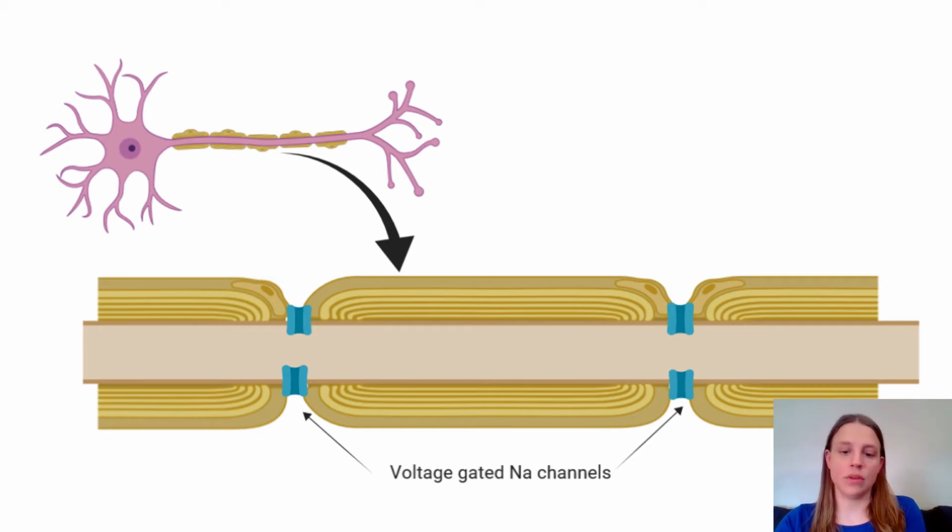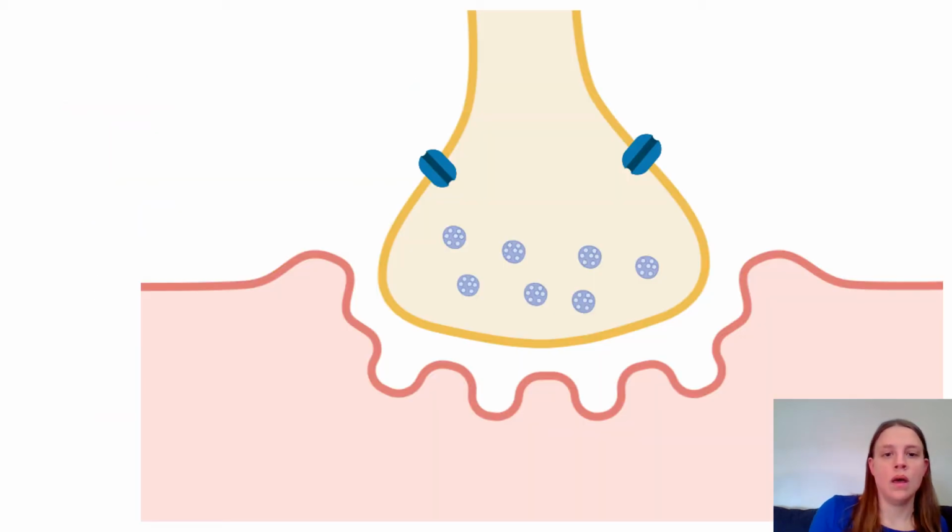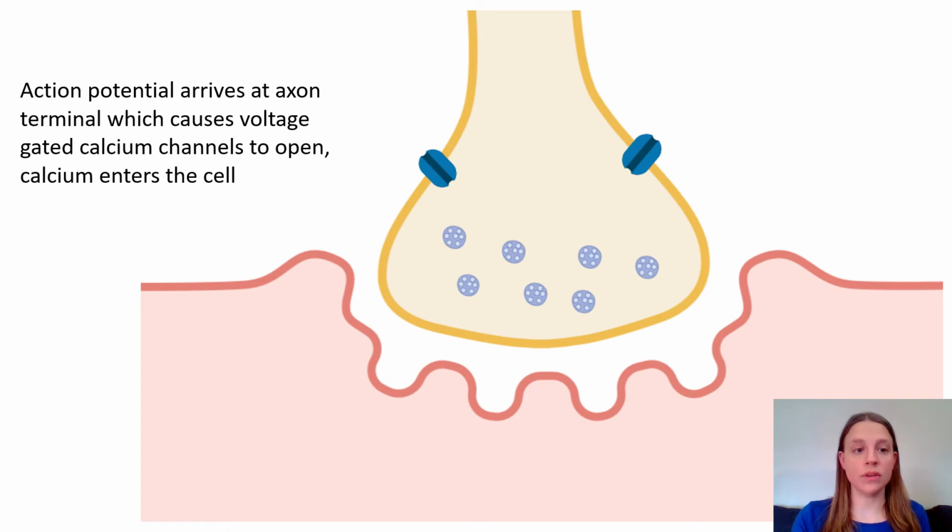This happens all the way until the end of the axon, which is the axon terminal. Once it reaches the axon terminal, the voltage-gated calcium channels are opened, which allows calcium to enter the cell.